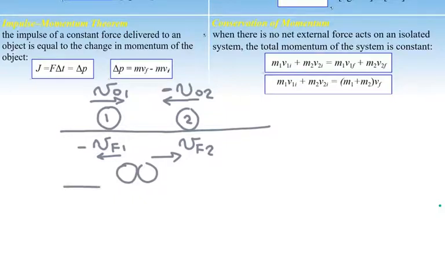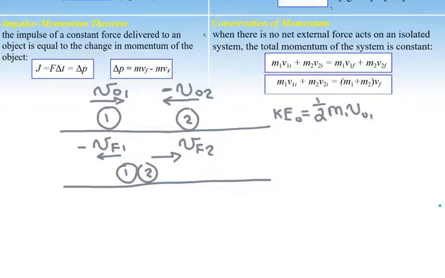In this case, a collision where you had two objects and you still have two objects after the collision, we're going to call an elastic collision only if the energy is conserved. What does it mean, energy conserved? Your initial kinetic energy of the system is equal to 1/2 m1 v initial 1 squared plus 1/2 m2 v initial 2 squared.